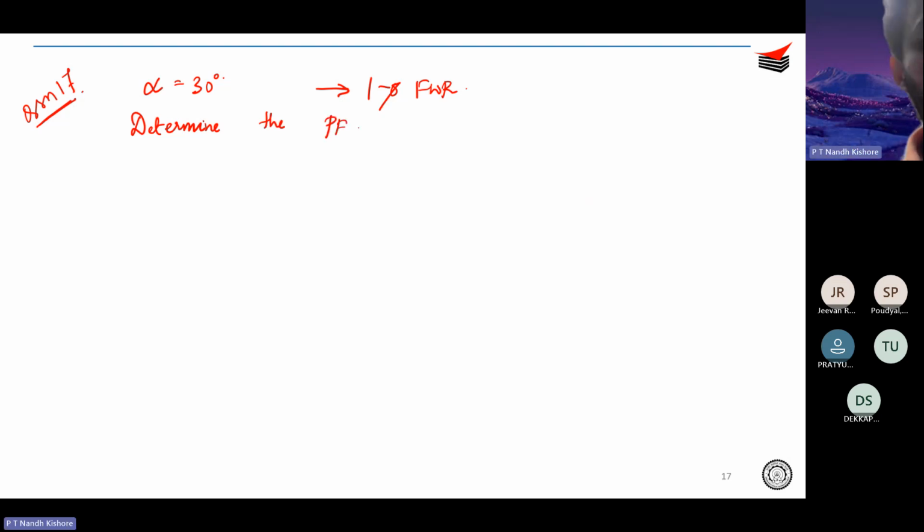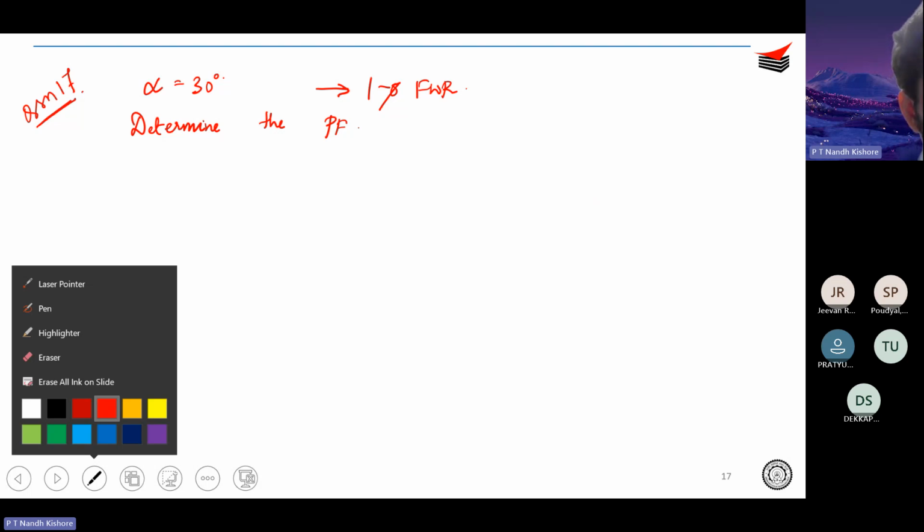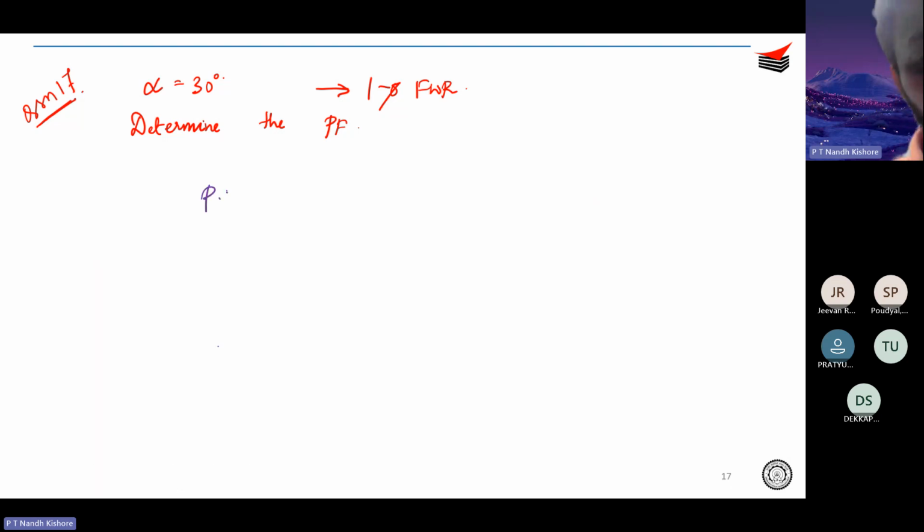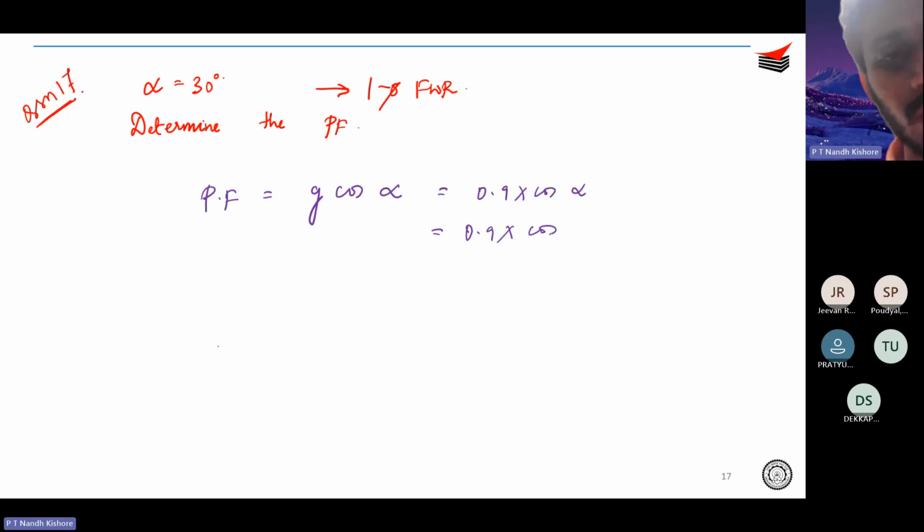Same circuit. We just found the power factor expression in the previous slides. Power factor we saw was G cos alpha, or 0.9 into cos 30 degrees.